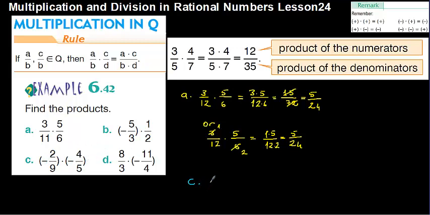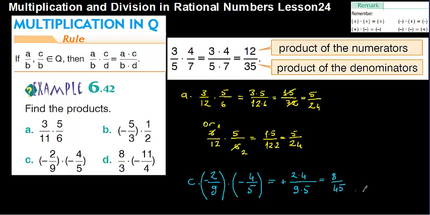So here it is the same: minus 2 over 9 times minus 4 over 5 is equal to plus 2 times 4 over 9 times 5, which is equal to 8 over 45. The other questions are going to be classwork for us.